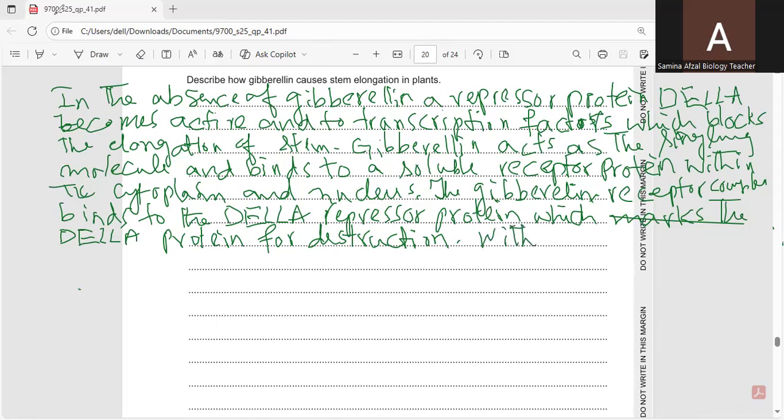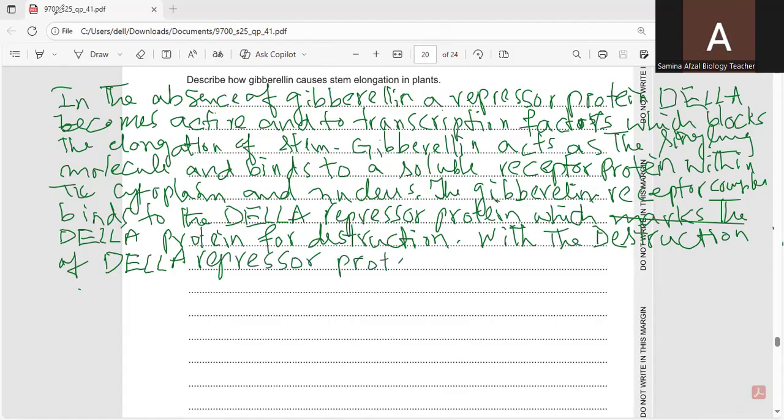With the destruction of DELLA repressor protein, the transcription factors are now free and activated.